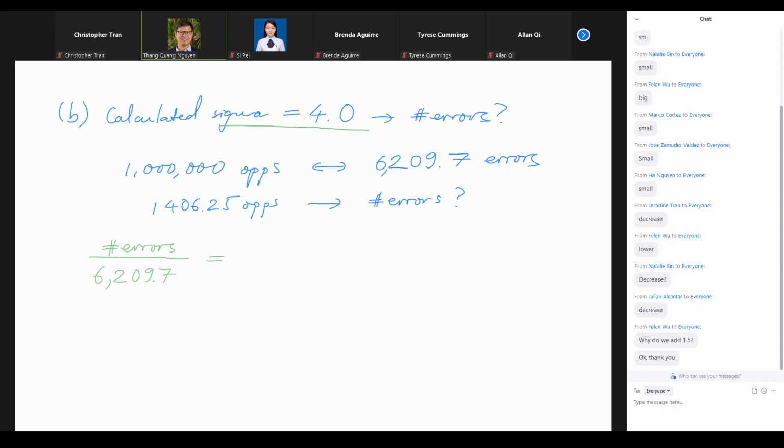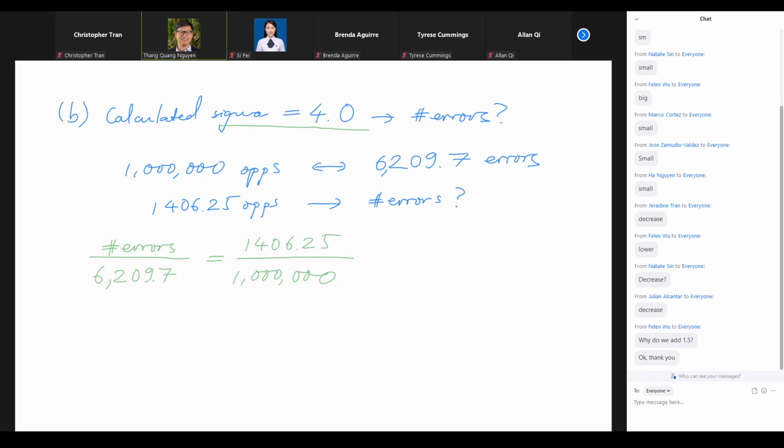Then proportionally, that should be equal to 1,406.25 divided by 1 million. It should make sense by now. So out of 1 million, we have 6,209. Then out of 1,406, we should have this number of errors. So the ratio here should equal that ratio over there, right?